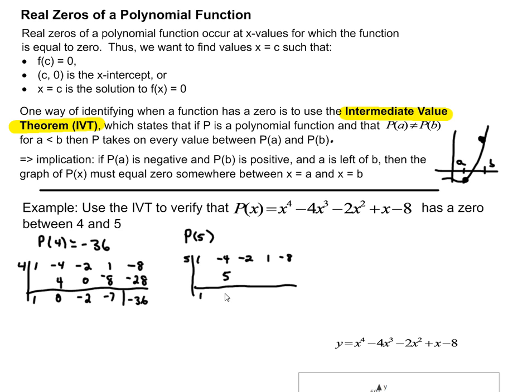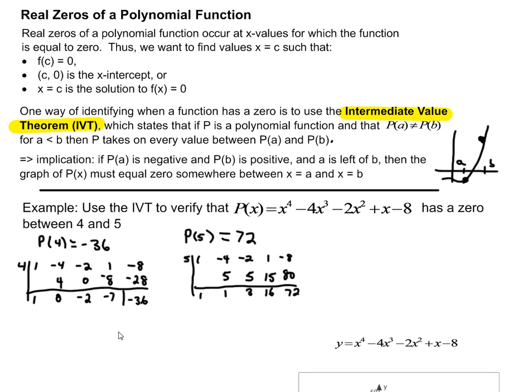Add, going down the column, 5 and negative 4 is positive 1. 5 times 1 is 5. Add going down the column, 5 minus 2 is 3. 5 times 3 is 15. Add going down the column, 15 plus 1 is 16. 5 times 16 is 80, and 80 added to negative 8 is 72. So p of 5 is equal to 72.